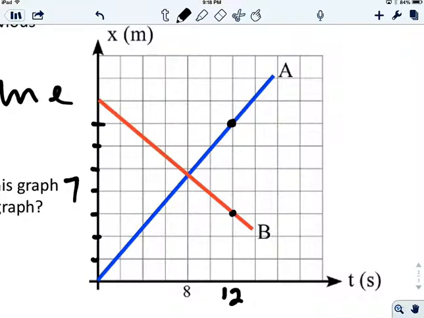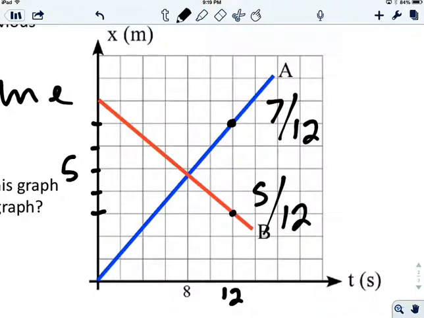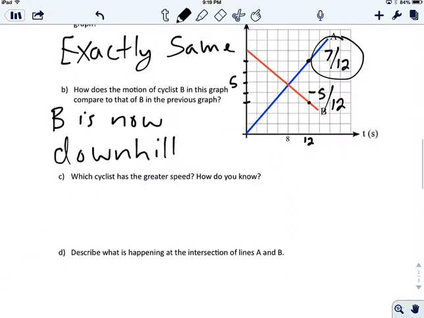So rise over run would be 7 over 12. For B, it goes 1, 2, 3, 4, 5 meters in 12 seconds. So it's 5 over 12. It's actually negative 5 over 12, but that's okay because we're not worried about negatives. We see that the absolute value, the bigger one, is 7 over 12. It goes farther in the same amount of time.